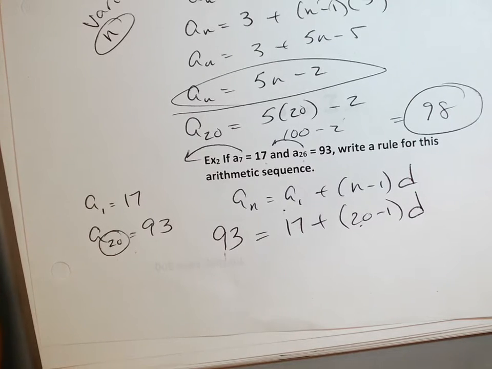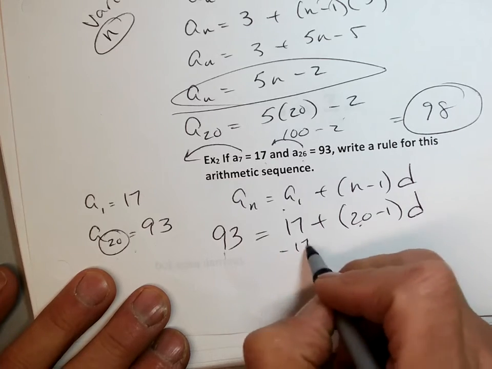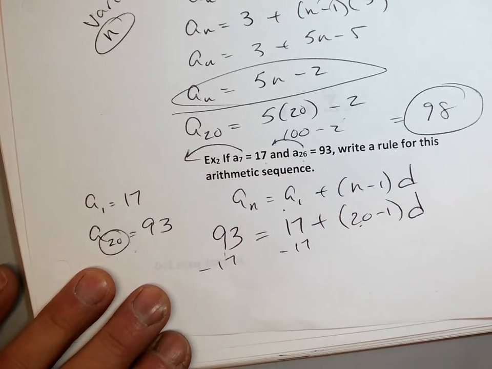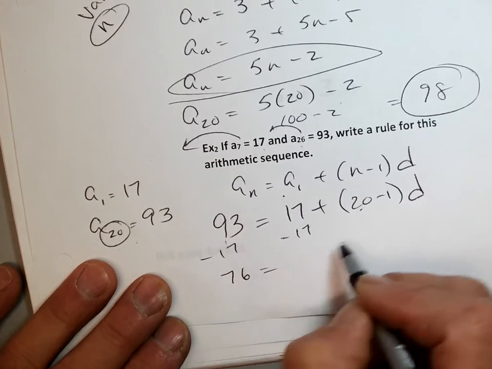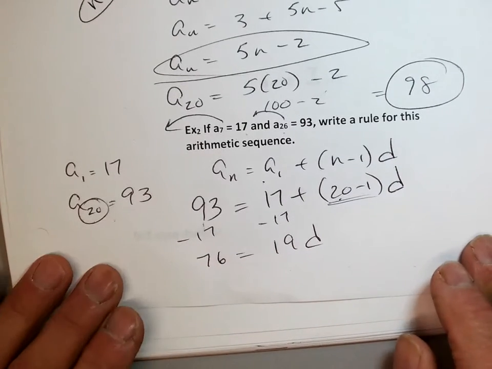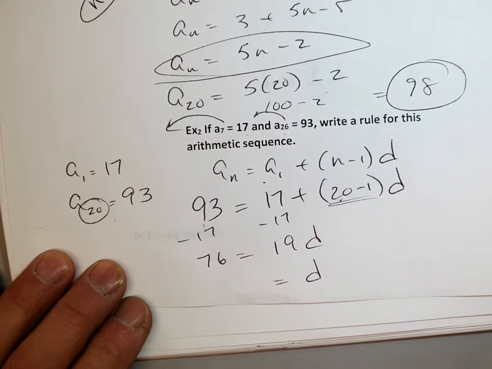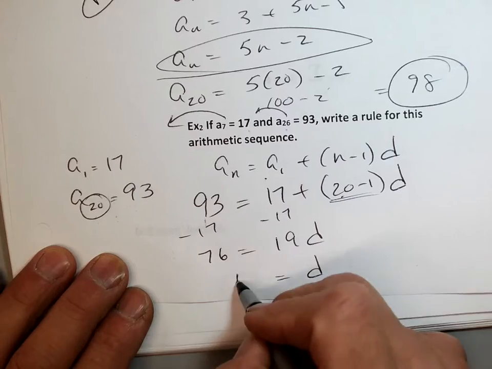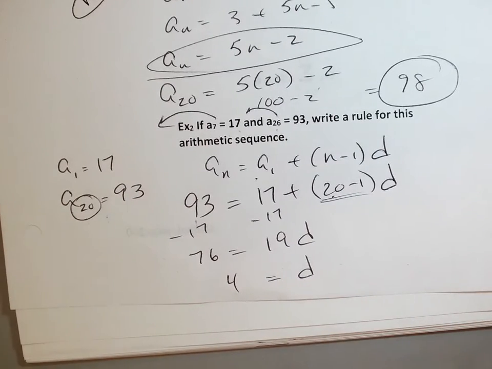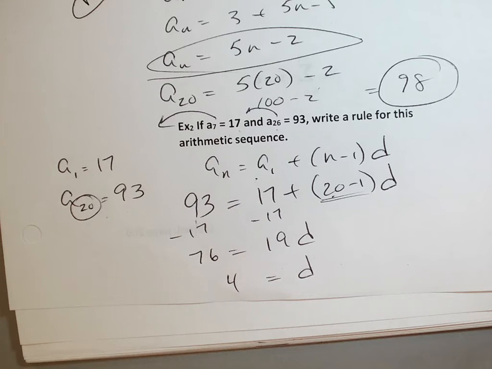If I solve for d, I'm going to go minus 17. 93 minus 17, and I get 76 equals 19d, right? Divide by 19, divide by 19, and I get an answer of 4. So the difference is 4. In this sequence, I'm adding 4 each time, okay?